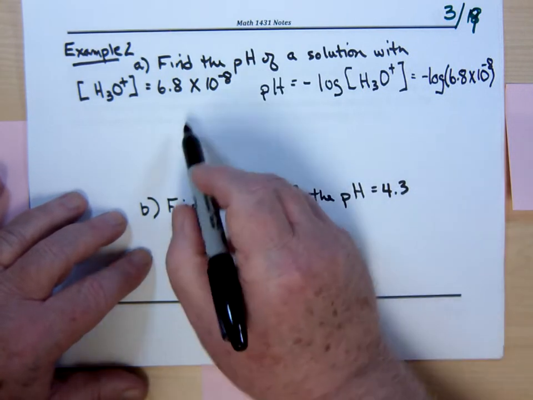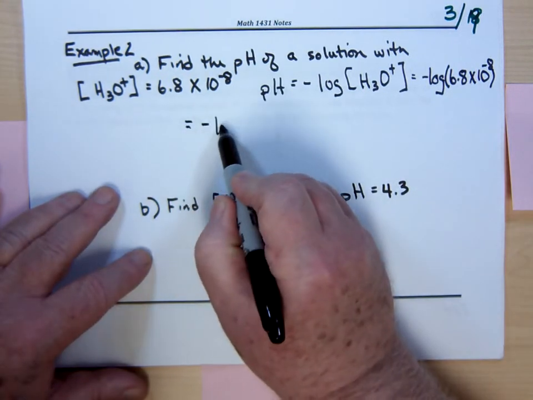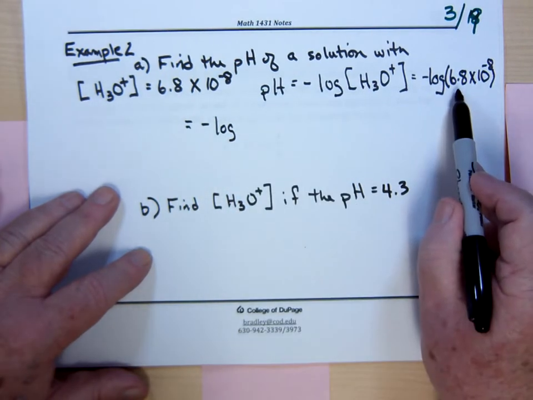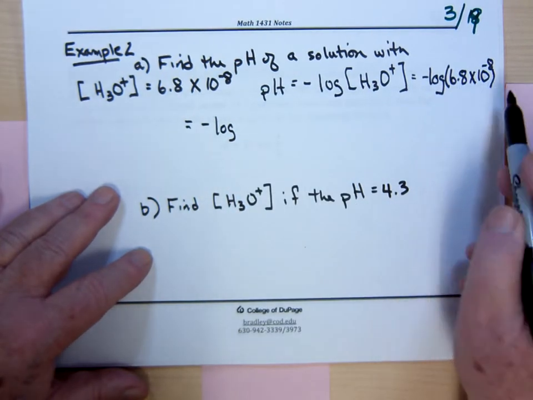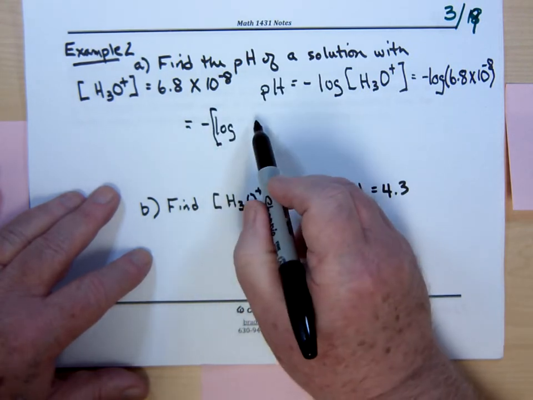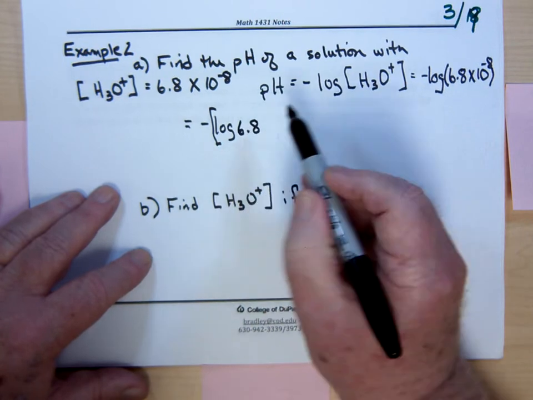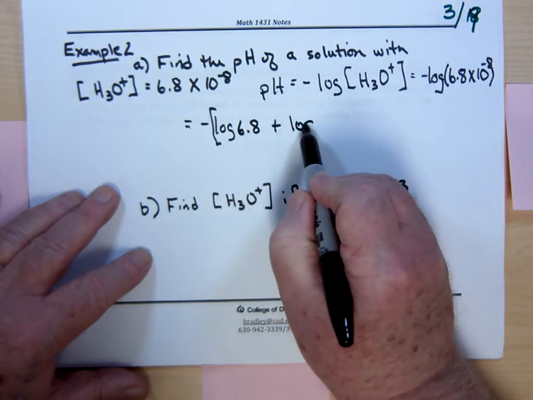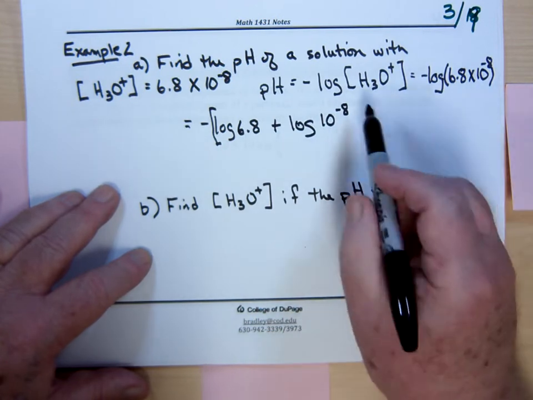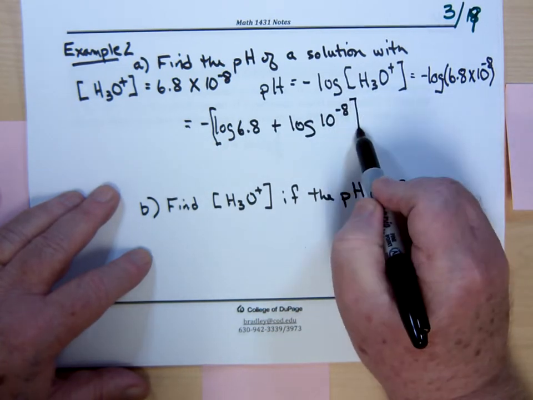So this then is going to be equal to minus the logarithm base 10 of, and now we have a product. This is 6.8 times 10 to the minus 8. So this is minus, and then it is log 6.8 plus the log of 10 to the minus 8, because the logarithm of the product is the sum of the logs.